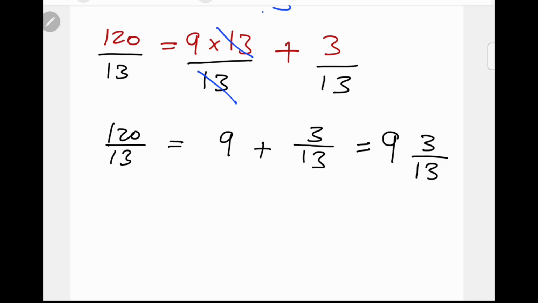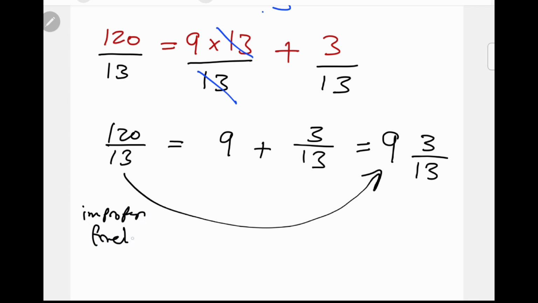That's the way we express an improper fraction as a mixed number.